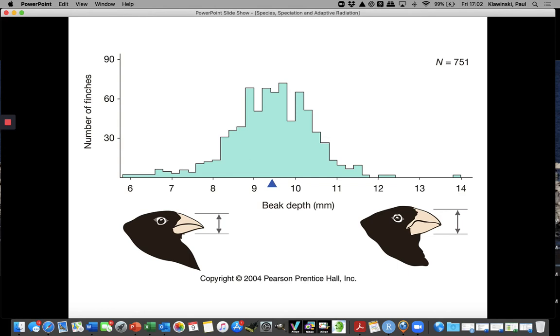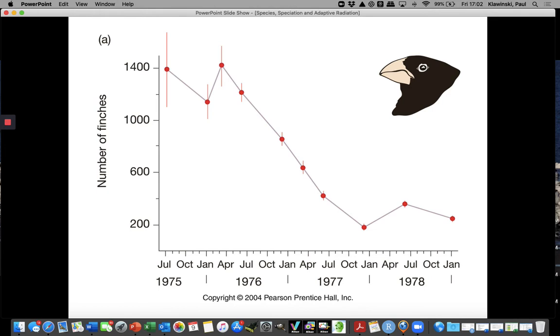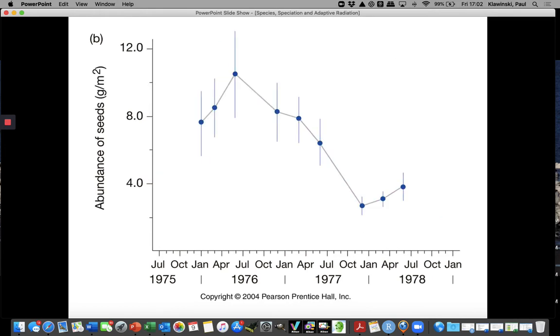After the El Nino went away, there was then a drought. As that drought proceeded, the population dropped drastically in terms of the number of finches, and the morphology of the seeds changed. Oh, I'm sorry, this is abundance of seeds.